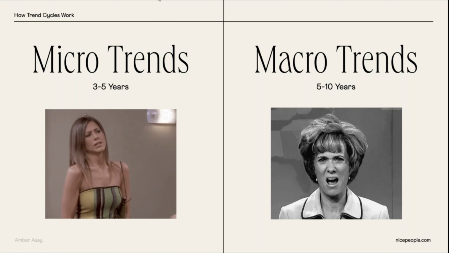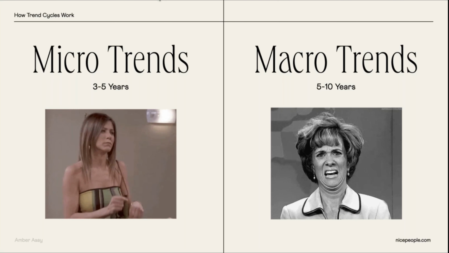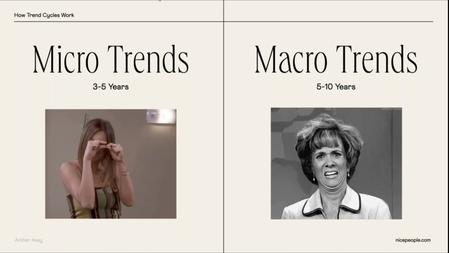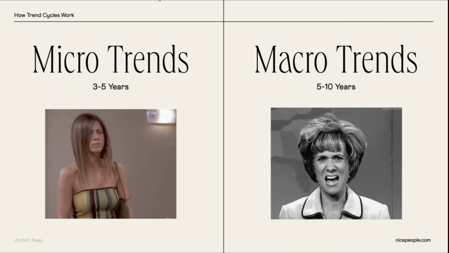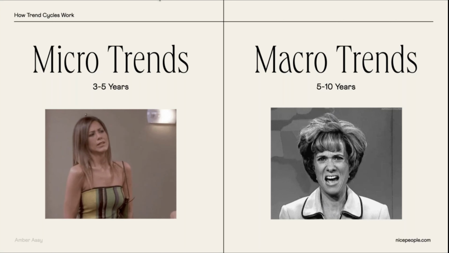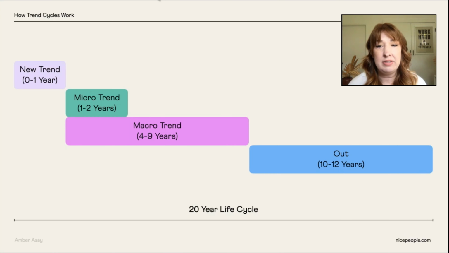For example, high-rise jeans were popular from the 70s through the 90s and then came back 20 years later in the late 2010s. And as we saw, this same cycle happens with design too, which brings us to what's trending right now. This is kind of a mapped out version of seeing a new trend usually picks up in probably less than a year, I would say, and then they turn into either micro trends or macro trends.